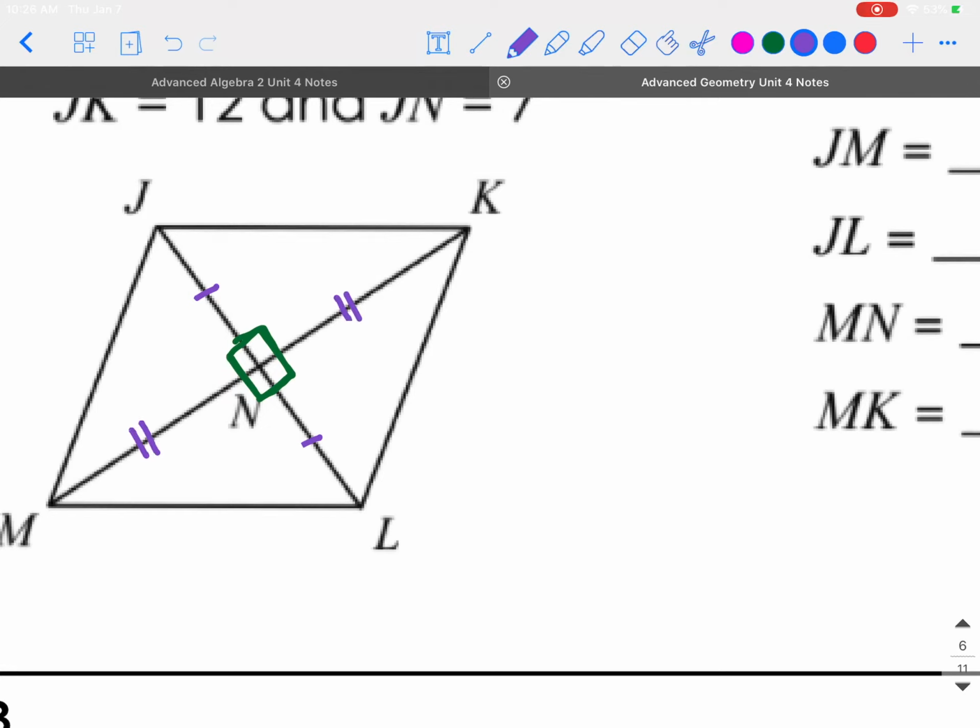It's not like a rectangle where they're all 4 equal. That's not true for a rhombus. But the part about the angles is that this angle, this angle, this angle, and this angle, all of those 4 are the same, and these 4 are the same. And then we also know that all 4 sides are the same.